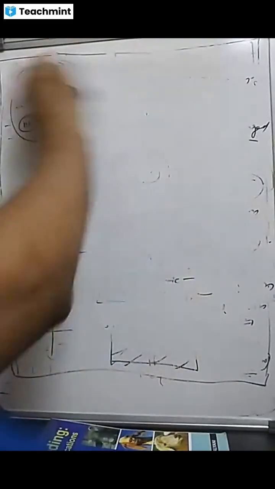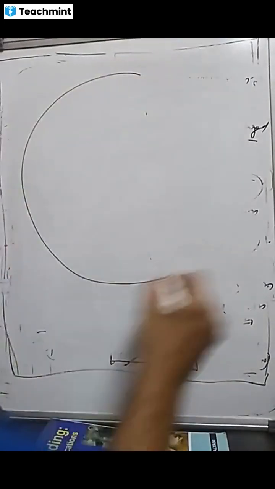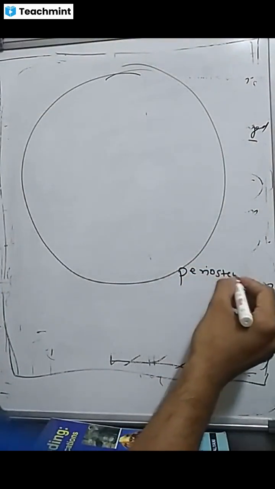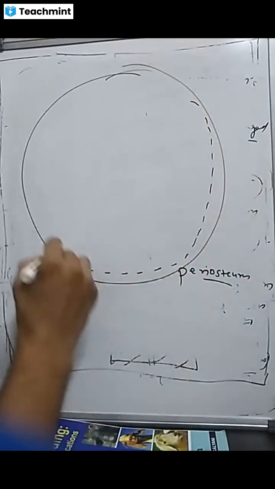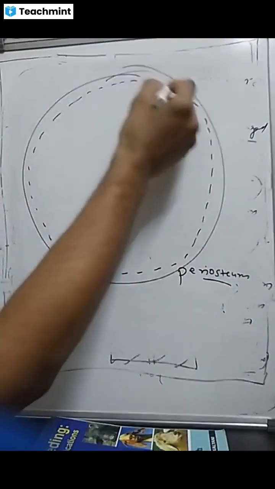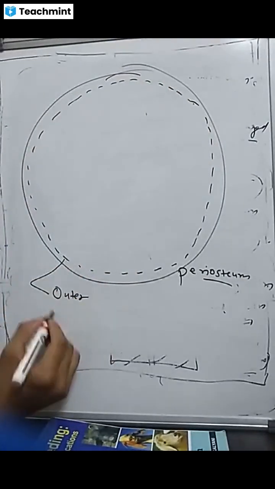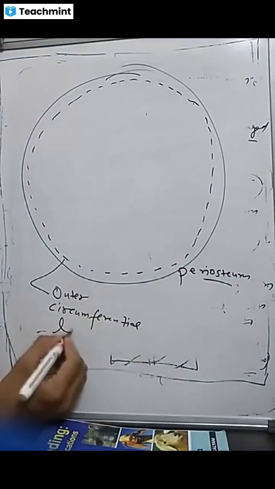Next type of lamellae is just inside the periosteum. These are called outer circumferential lamellae.